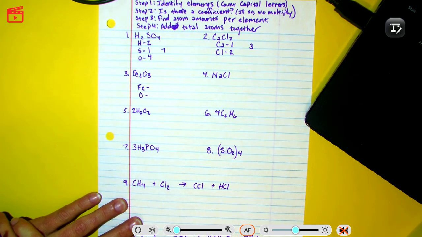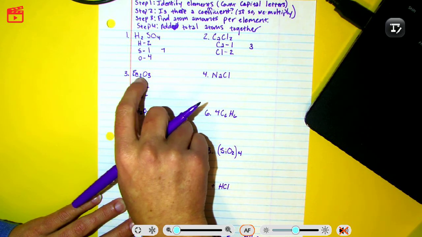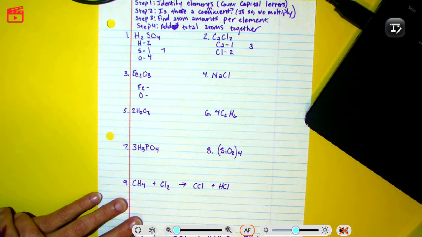Do I have a coefficient? That's step 2. So remember, coefficients are the big numbers out in front. So there is no coefficient here. This is iron, because I think this is actually rust, the molecular formula of rust.